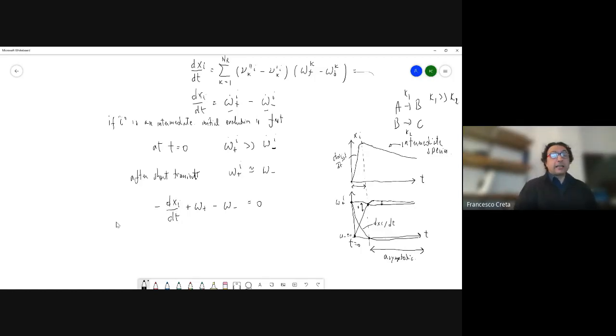Okay, so essentially, if we look at this, we can apply a quasi-steady state assumption. Obviously, this is not a steady state assumption, because steady state means that dx by dt is identically 0, so that the species stays constant. But if you look at this, it's not constant. It's very, very slowly varying.